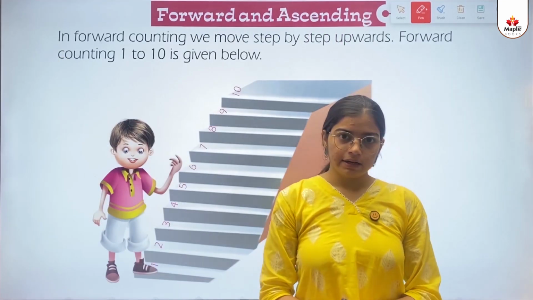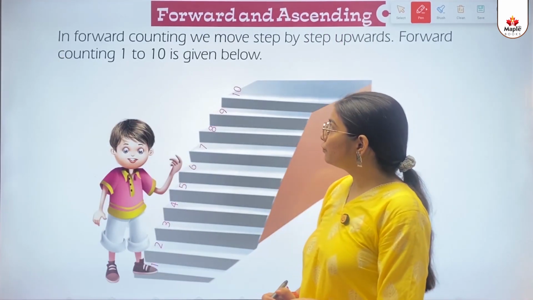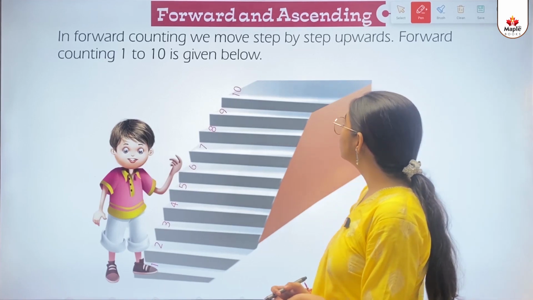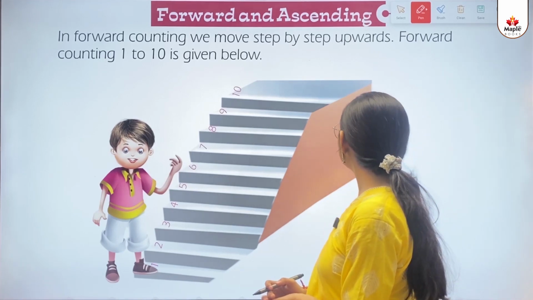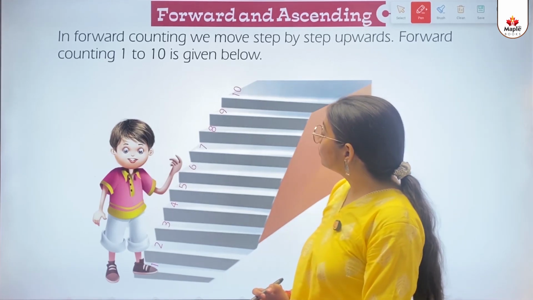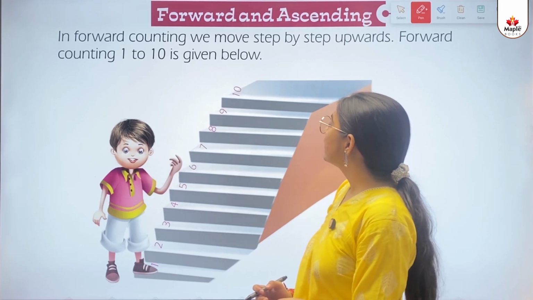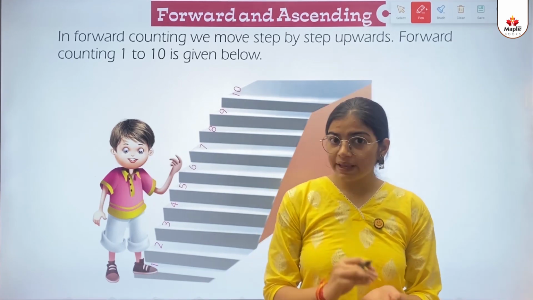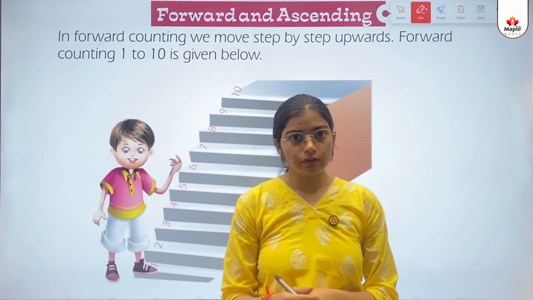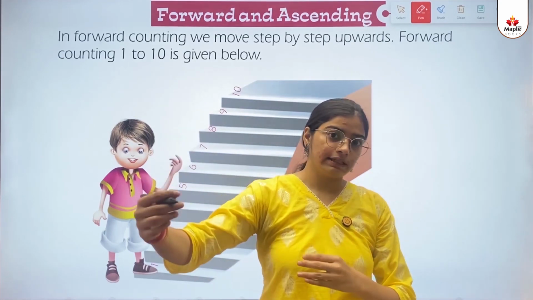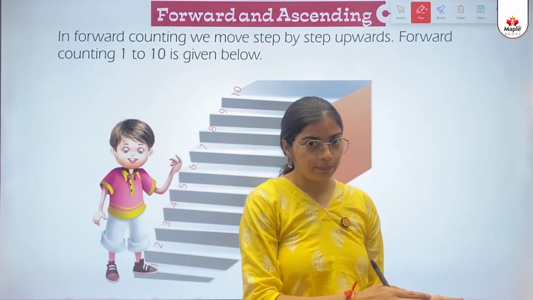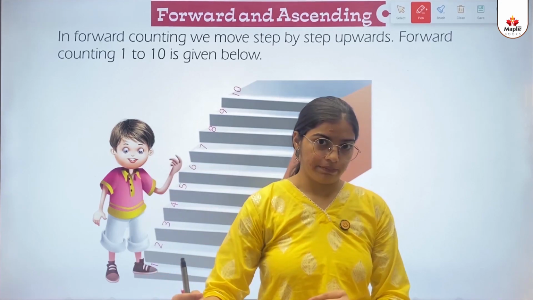Forward and ascending. In forward counting, we move step by step upwards. Forward counting 1 to 10 is given below. So basically kids, in forward counting, we move step by step from a smaller number to a greater number.